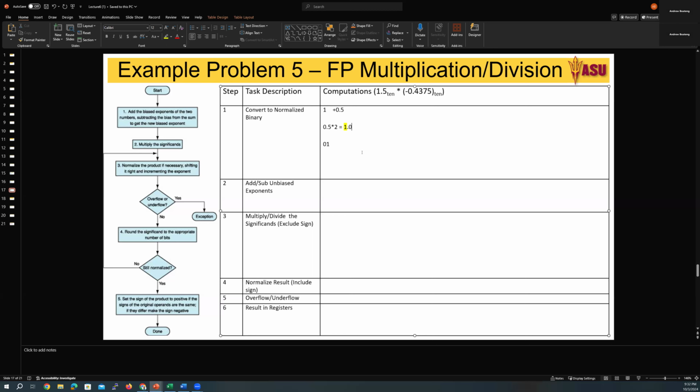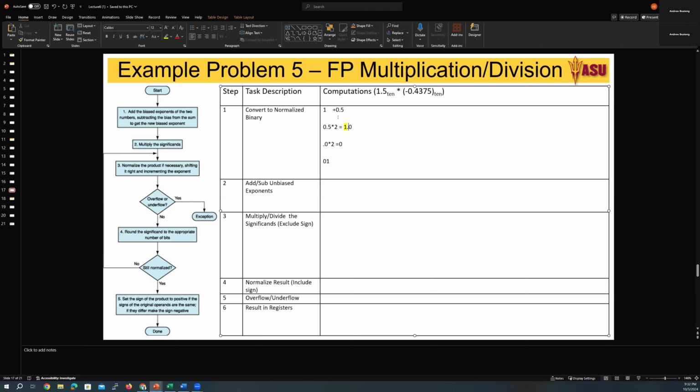This is going to be part of our conversion. The next thing is that we're going to take everything after the point and do the same multiplication. It's 0, so it's going to end up with 0.0 times 2 is 0. So as soon as you get 0 at the end here, you know you're done.